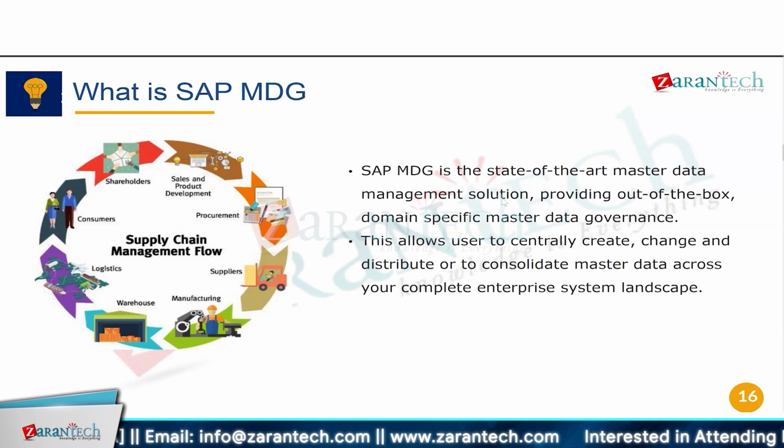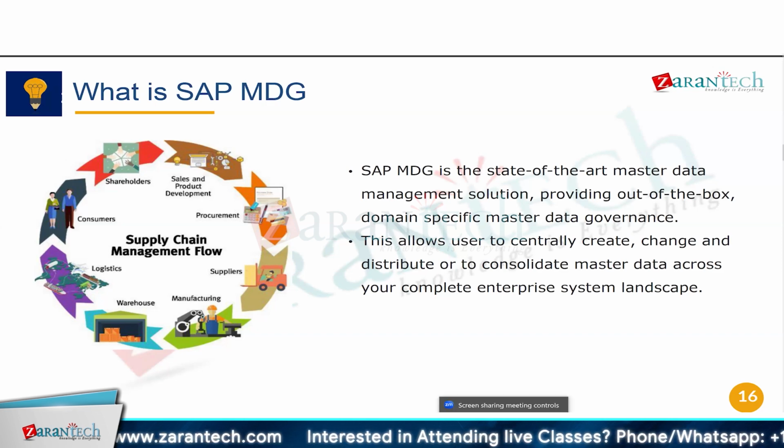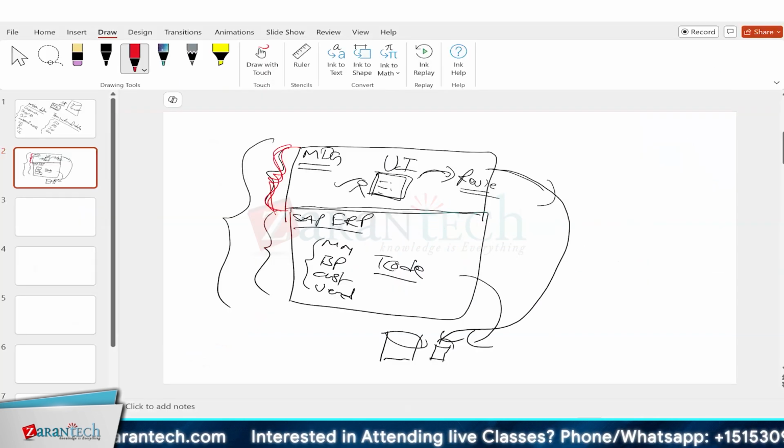Basically it talks about two points. One is MDG as a solution, providing out-of-box domain-specific master data. That means once you activate your MDG solution in any SAP system, it's a kind of plug and play. There are certain master data for which SAP already provided an out-of-box solution.